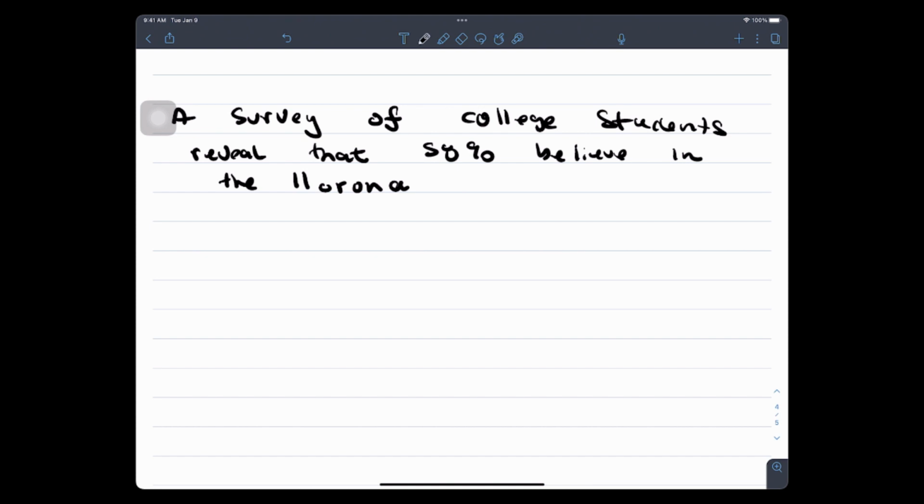Now, I've been asking this question for a long time. A survey of college students revealed that 58% believe in La Llorona with a margin of error of, let's say, plus or minus 6%, ladies and gentlemen. We're going to see what that means. Now, it's a very interesting thing. If we were in an area where we lived in a forested, mountain area, you're going to have a certain portion believe in Bigfoot.